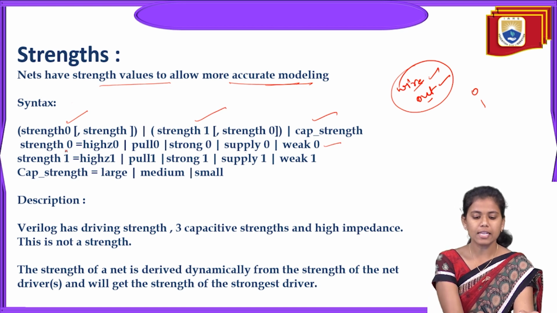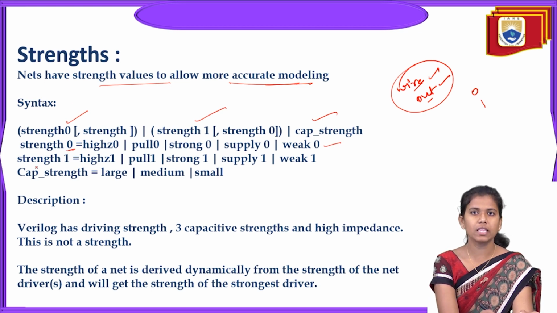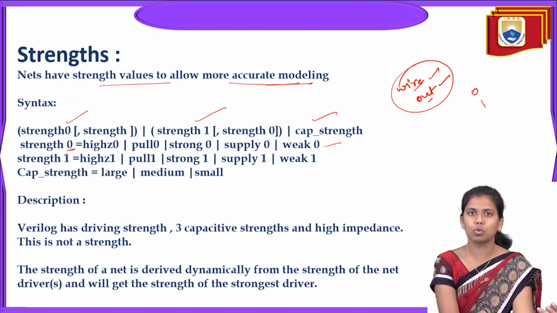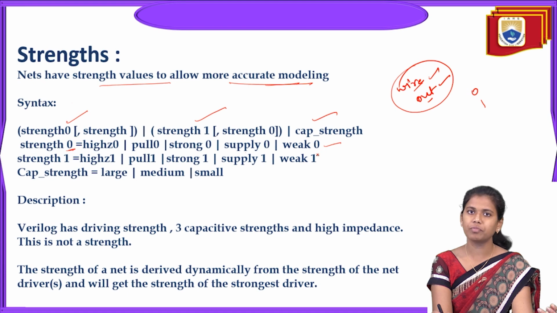So when the strength is 0, in all the aspects, the strength, the delay or the signal strength would be 0. So we have the high impedance input being 0, the strong resistance being 0, the pull-up being 0, the supply being 0, and the weak strength being 0.